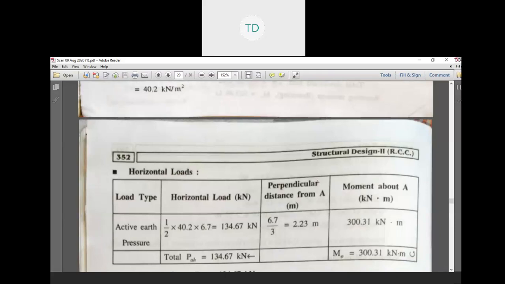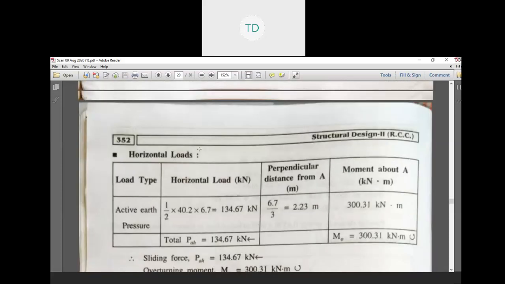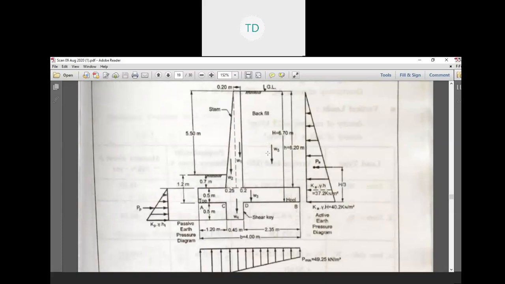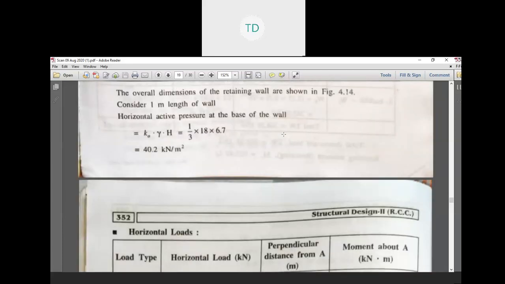That's why we consider 1/2 for the triangle, base and height. At this point, the pressure is Ka into gamma h, equal to 40.2 kilonewton. So this is the base, and the height means the height of the retaining wall, which is 6.70.